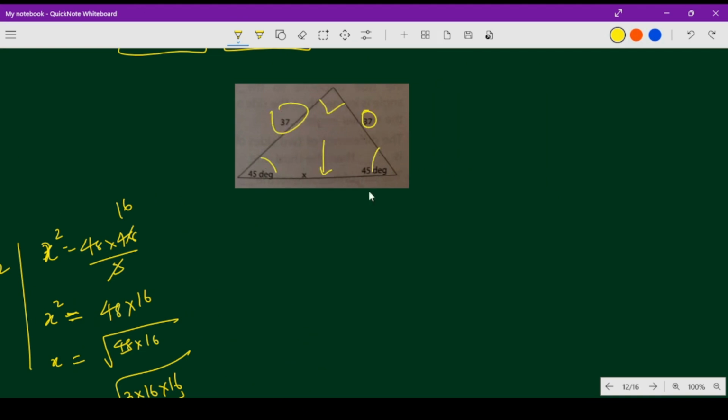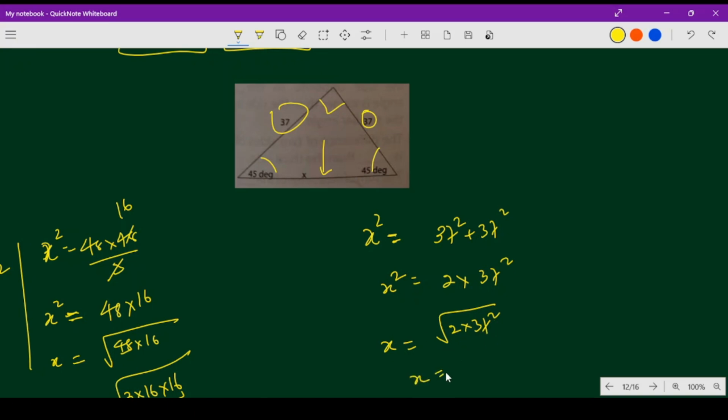So this is the hypotenuse. So x square is equal to 37 square plus 37 square. So this is 2 times 37 square. So x value is equal to the root of 2 times 37 square. This is a perfect square, so 37 will come out of this. So 37 root 2 is the value of x. So this is the way we can solve this kind of question.